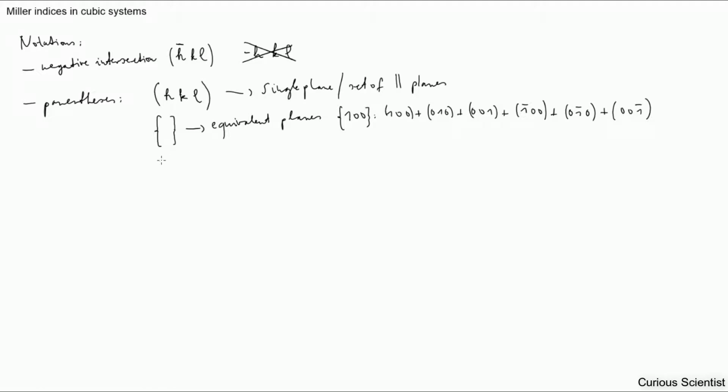And then if you see rectangular parentheses, that's indices for direction. And then if you see these brackets, then full set of equivalent directions.